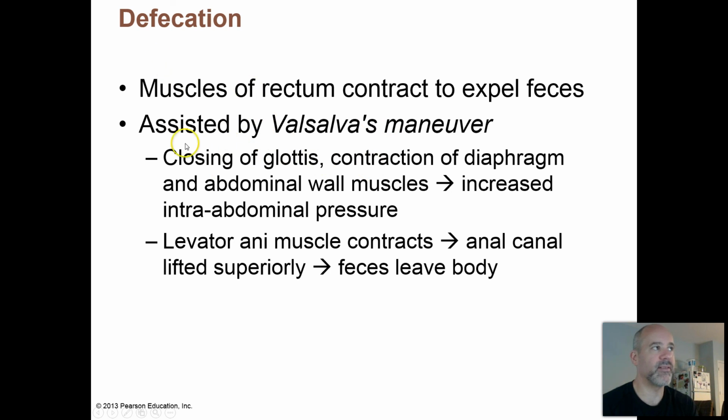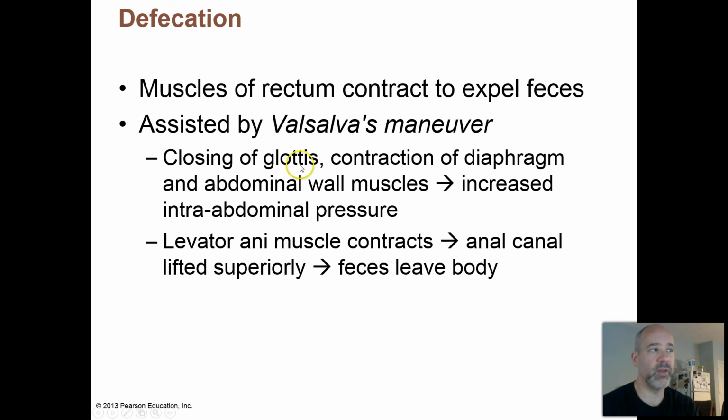One thing that assists defecation, Valsalva's maneuver, that's one of those things I've asked you to research when you are going through the respiratory system, because this can actually be used as well to help slow down rapid heartbeats because of the pressure it creates, and influences those baroreceptors that you have in the aorta and the carotid sinuses, which are so important for short-term control of blood pressure.